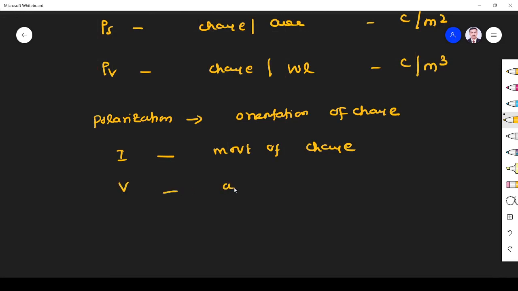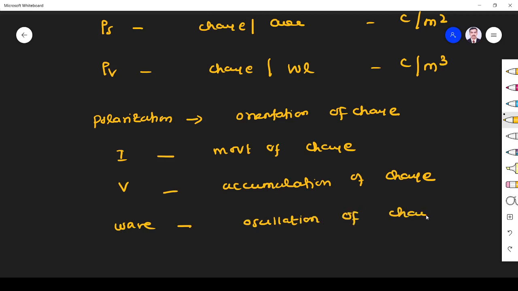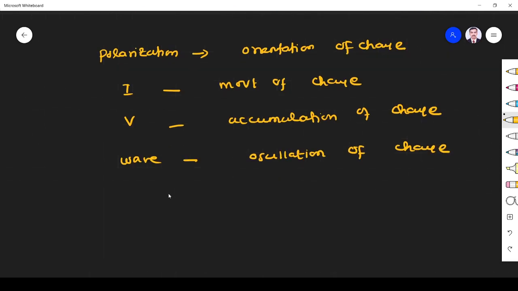Voltage, accumulation of charge. Fine. Next, wave, oscillation of charge. Right? Okay.